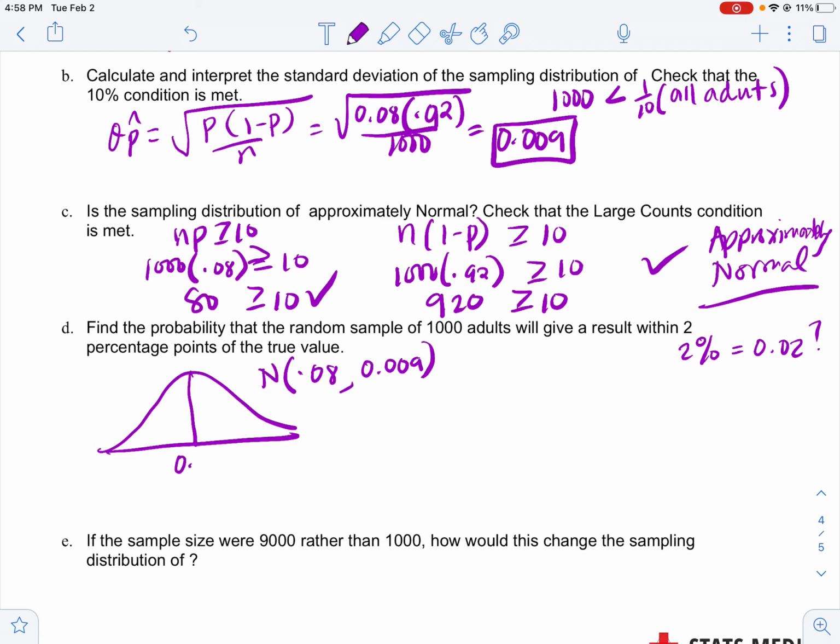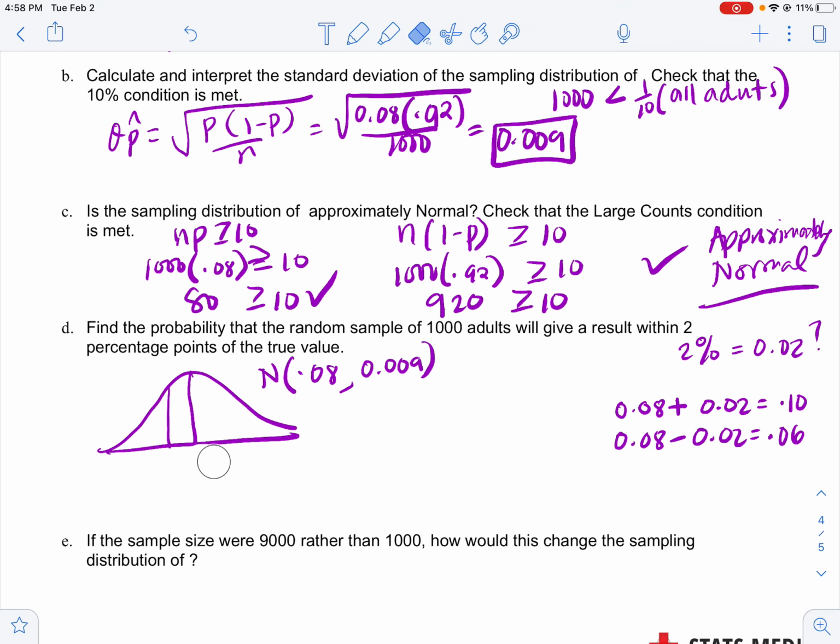So within 2% means 0.08 plus 0.02 and 0.08 minus 0.02. Does that make sense? So 0.10 and 0.06. So what's the probability?